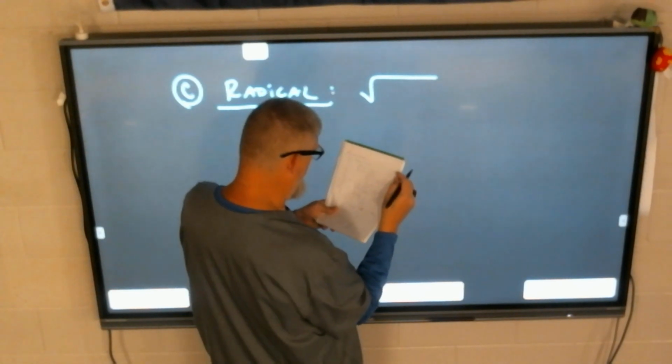Okay, number 3. Square root, or we could call it a radical function. In this class, we probably won't go to more radicals other than square root, but we could also do cube roots and fourth roots as well. We'll probably just stick with square roots. So something like the square root of 3x plus 12.